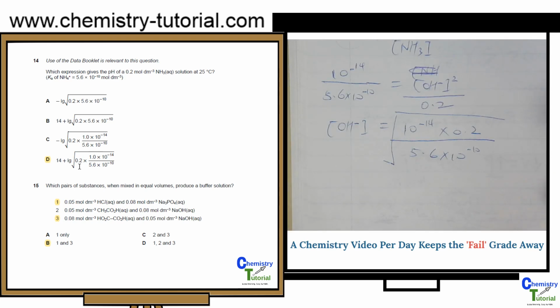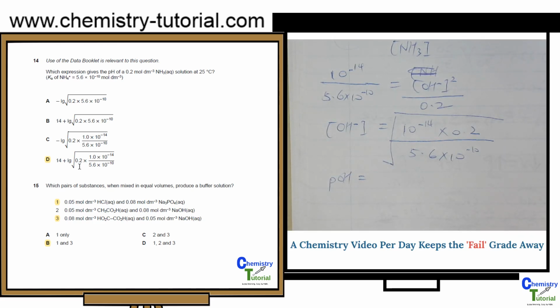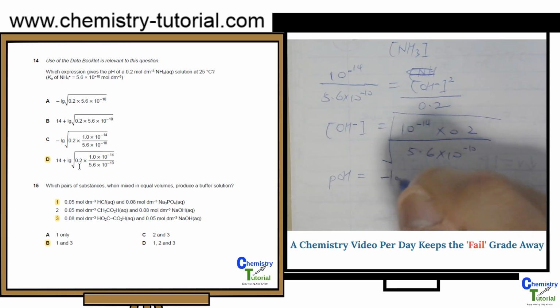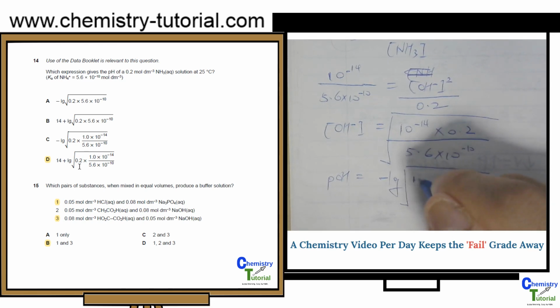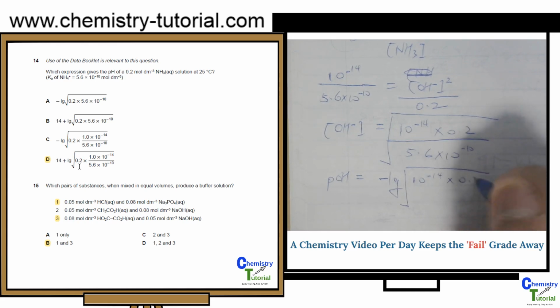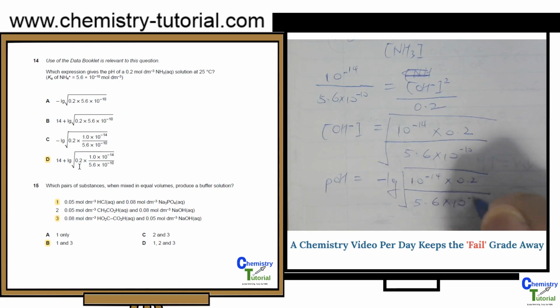So this is what we have. But we need to find the pOH. So pOH is just negative log OH-. So what we have is negative log of the whole thing, which is the square root of 10 to the power of minus 14 times 0.2 over 5.6 times 10 to the power of minus 10.